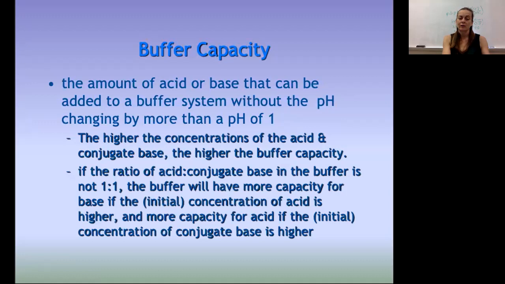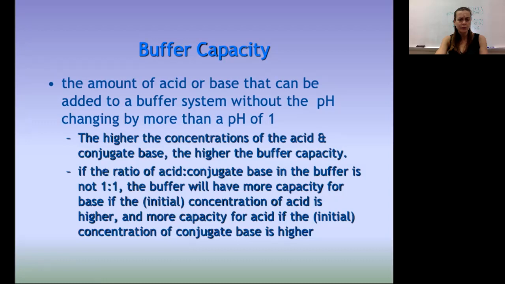If you have a higher initial concentration of base, then it's going to have a higher capacity for acid. Also, if it's not 1-to-1, that's going to affect that initial pH of the buffer system. It's not necessarily going to be at pKa, it's going to be at pKa plus the log of the concentration of the base over the concentration of the acid.